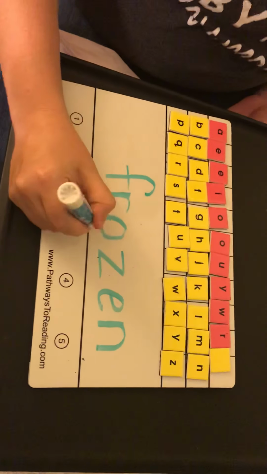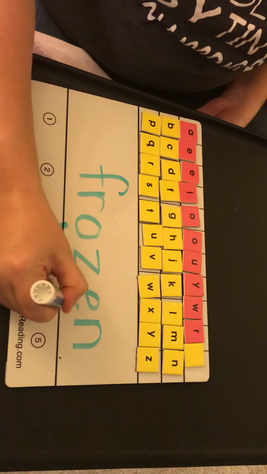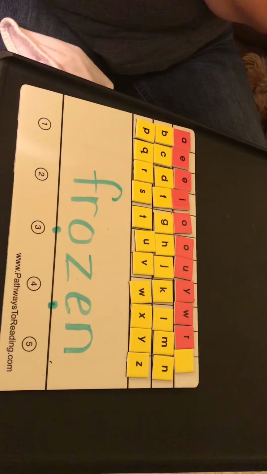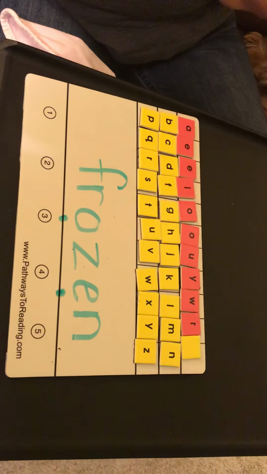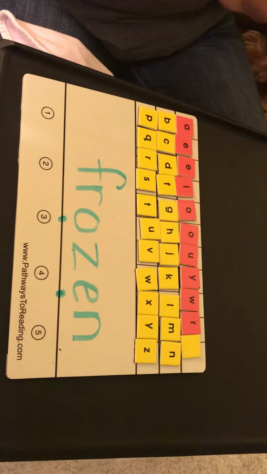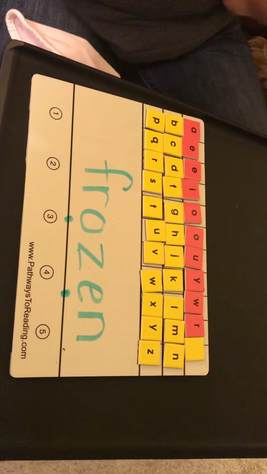Yeah, I see the letter O, and I see the letter E. They are both on Vowel Town. So we know this word has how many vowels? 2. So that means it also has 2 syllables because every syllable has a vowel.